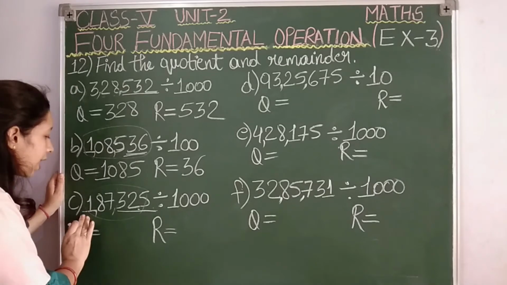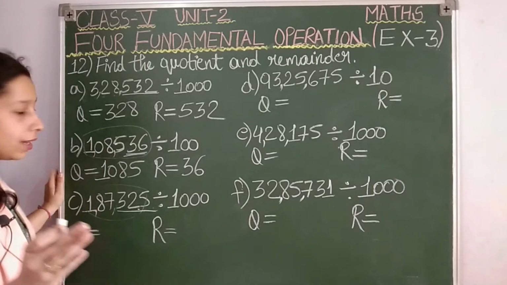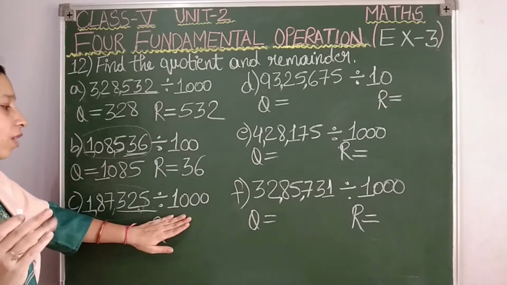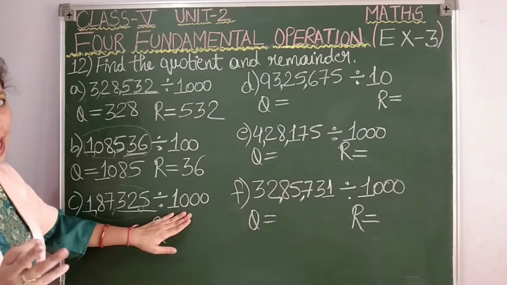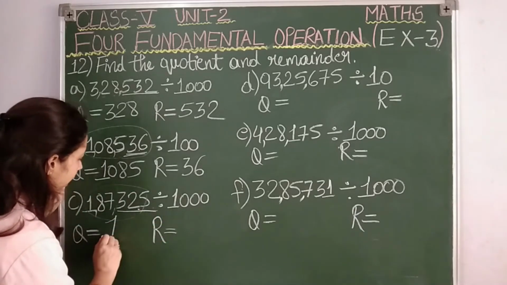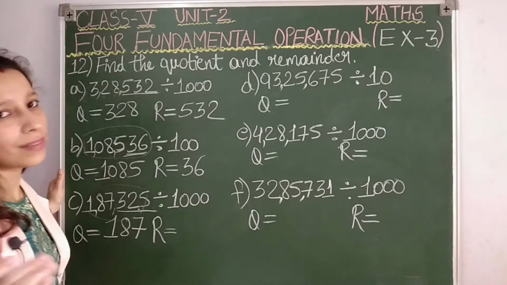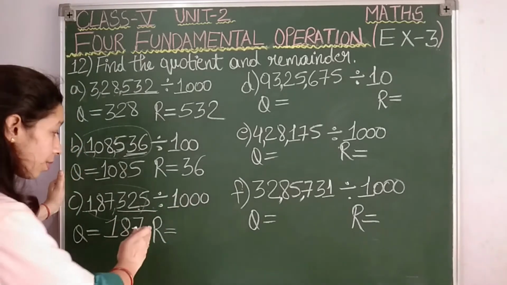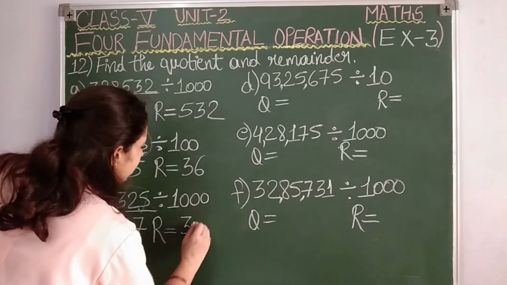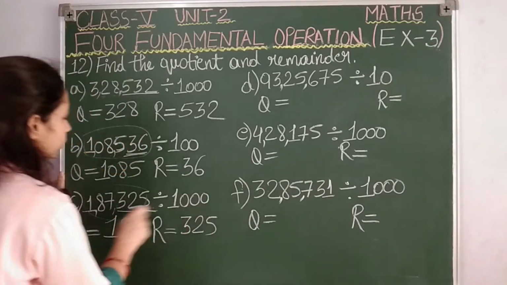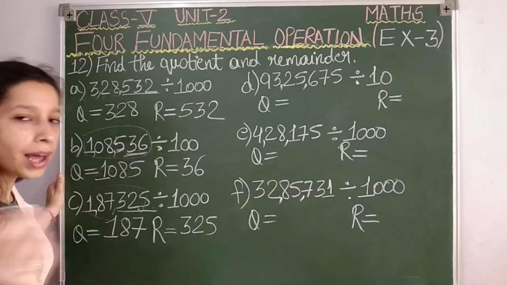It is read as 1,87,000. So again 1,87,000 will be divided by 1000 exactly. How many times? 187 into 1000 will give you 1,87,000. Clear students? So what will be the remainder? The number which is not divisible by 1000, that is 325, will be our remainder.